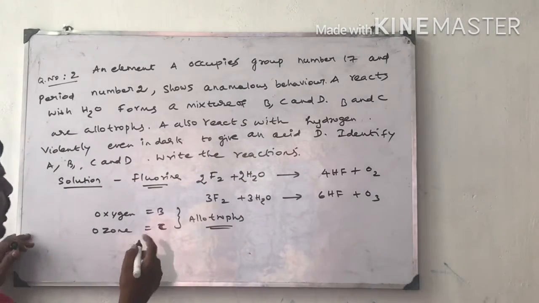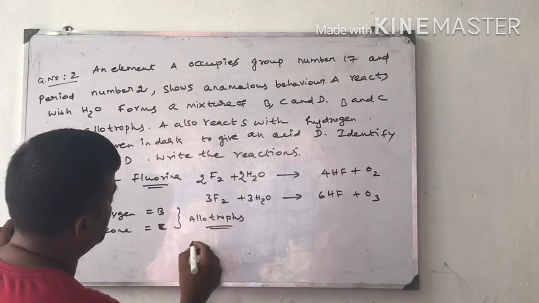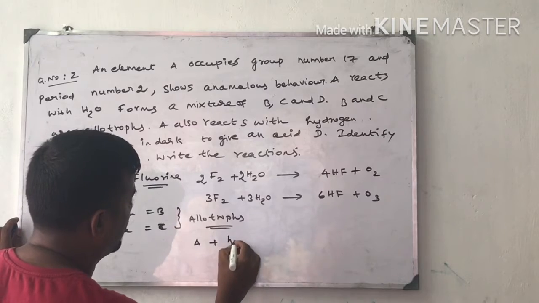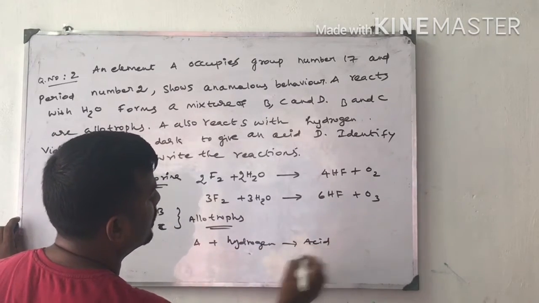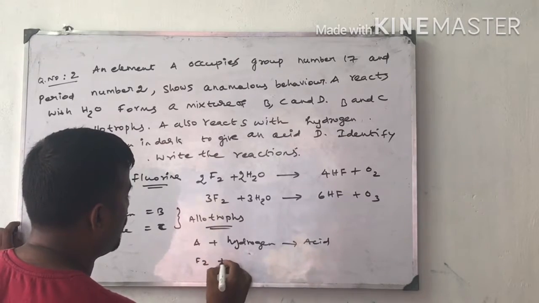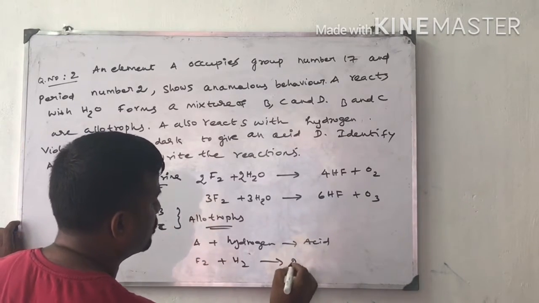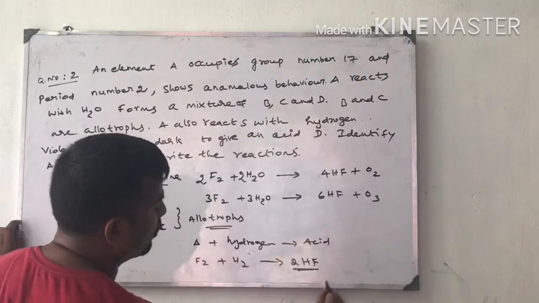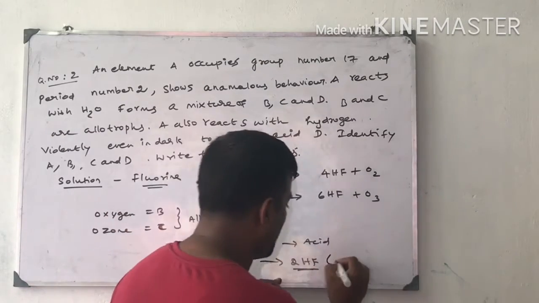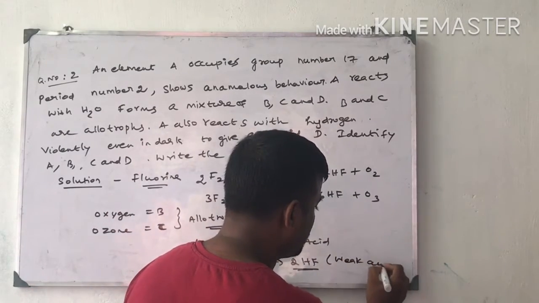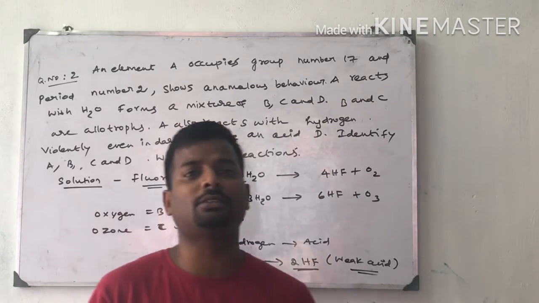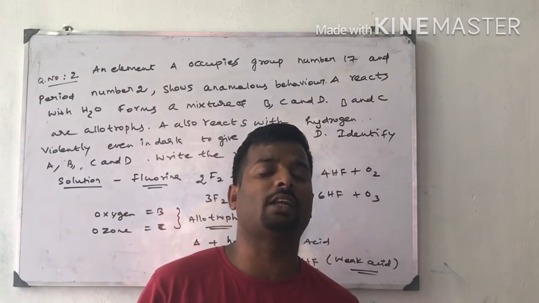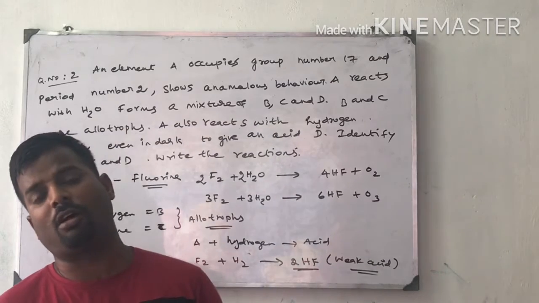Now I am going to draw. The next question is that A reacts with hydrogen to give an acid. We know F2 with hydrogen H2 gives 2HF, hydrogen fluoride, which is a weak acid. What do you mean by a weak acid? A strong acid readily furnishes hydrogen ions when dissolved in water.